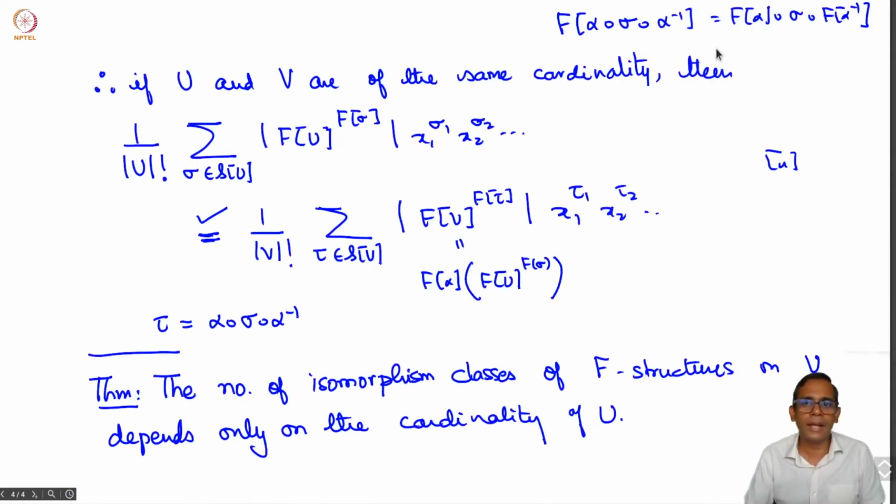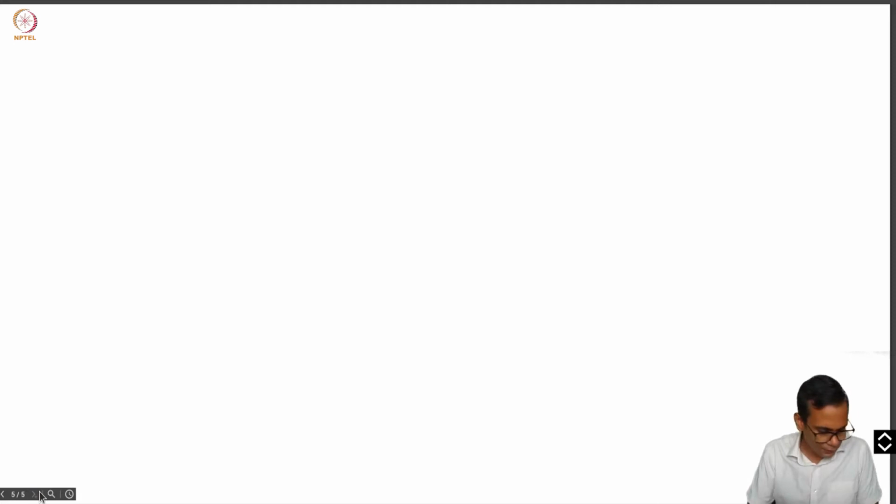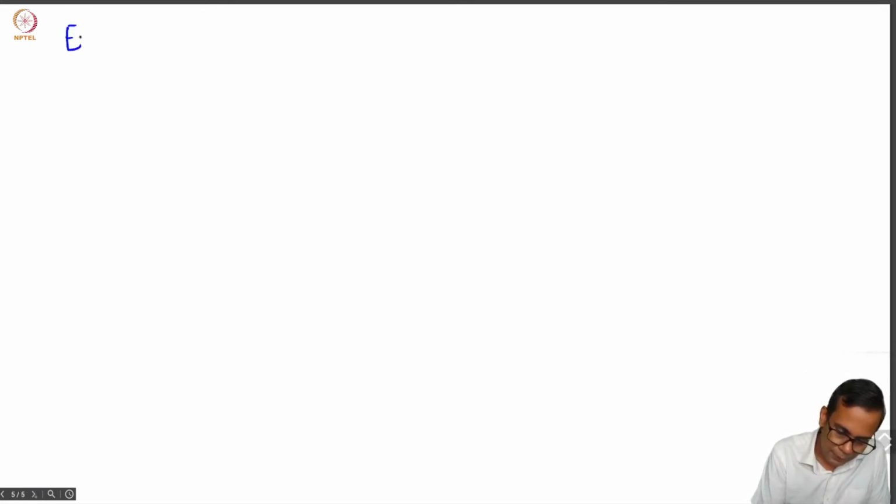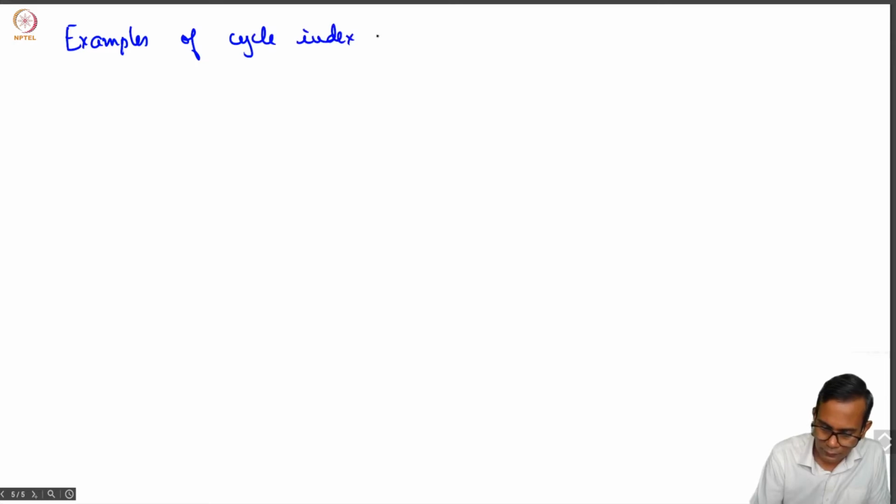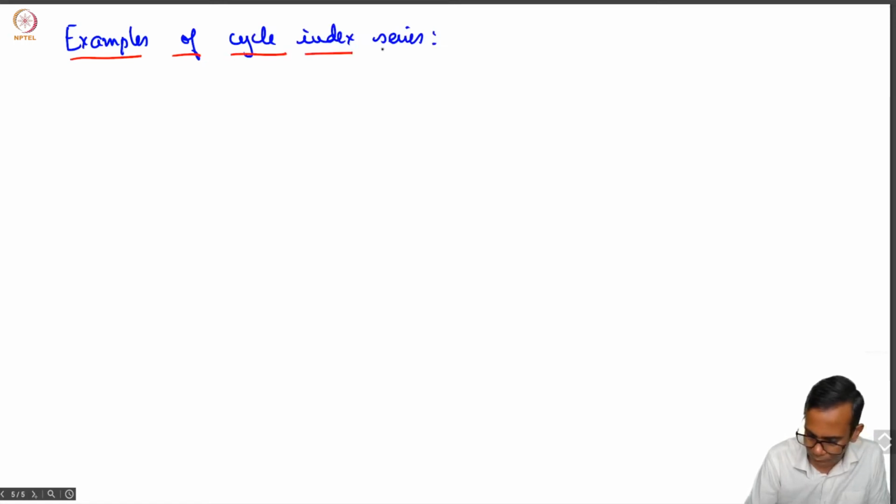So now let's go ahead and try to compute some cycle index series, maybe for some species. Let's start with the really easy examples. Examples of cycle index series. Maybe the easiest example is the empty species.